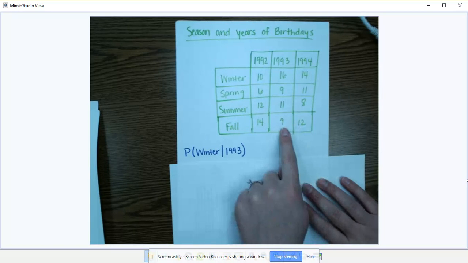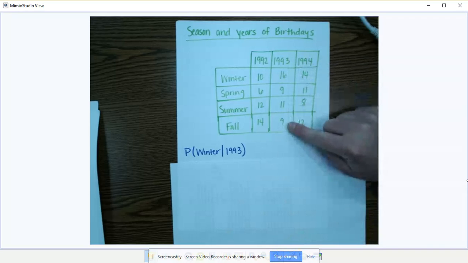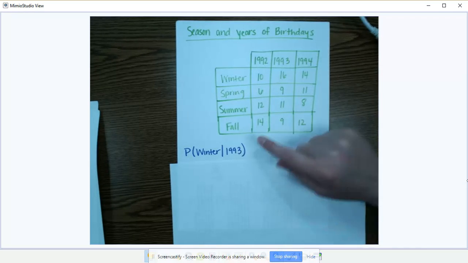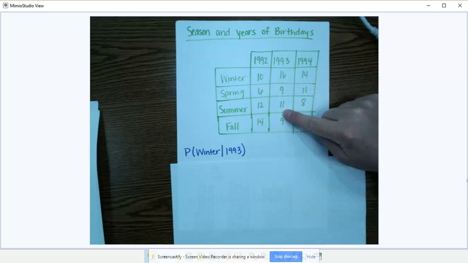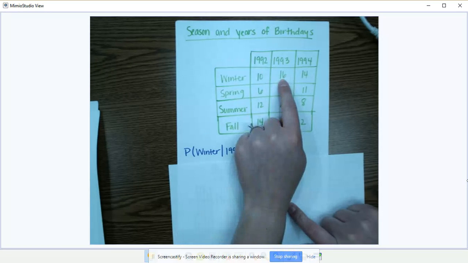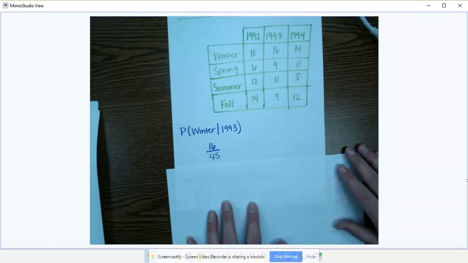So I'm strictly looking at this 1993. This 1993 column becomes our total then, because it's given that it has to be in that year. So we add all of these up to get 45, and then winter, given that it's 93, our numerator comes from that box. So our probability of winter, given that it's 1993, is 16 out of 45.